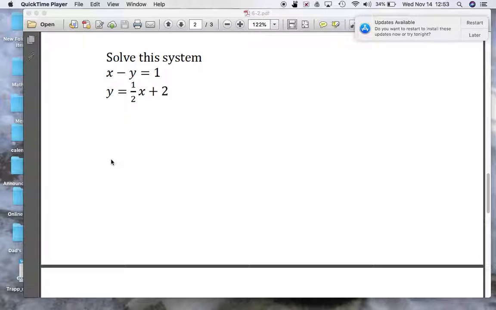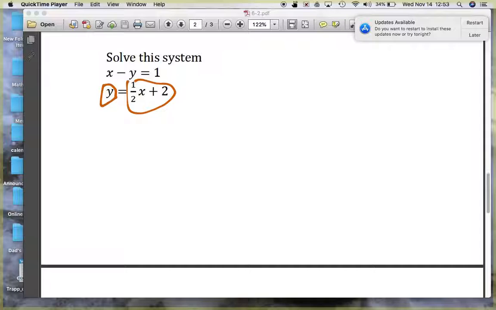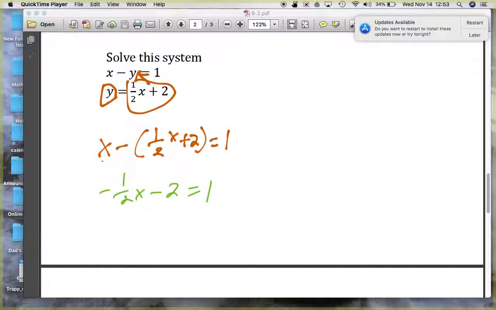Once again, solving. This variable is already alone, so I'm going to use it. So all of this stuff is going to go in for that y. It's always easier to put a parenthesis, because then you remember that you have to distribute the negative. So x minus half of x would be negative half of x. And then b minus 2 equals 1.